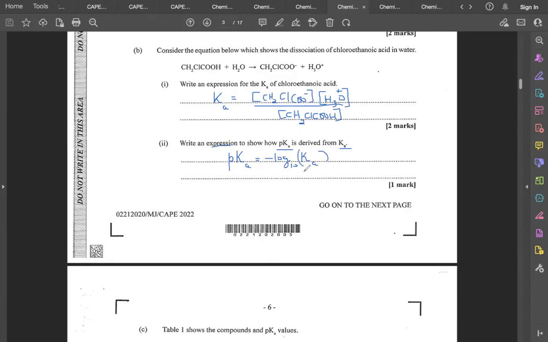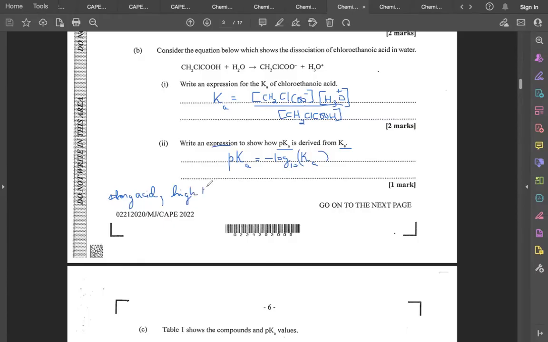And what I will say here, since we're going to do it in the subsequent questions, is that because of this relationship, if I have a strong acid, an acid that dissociates to a great extent when it's in water, my Ka is going to be high, right?